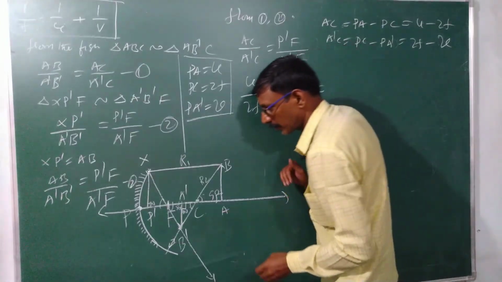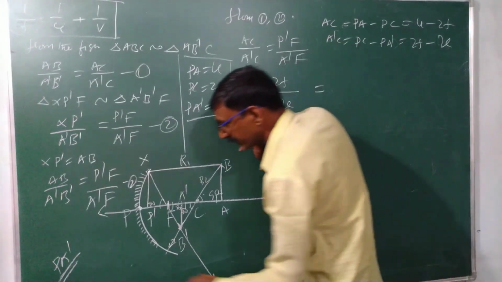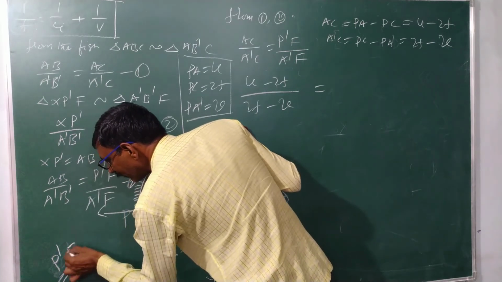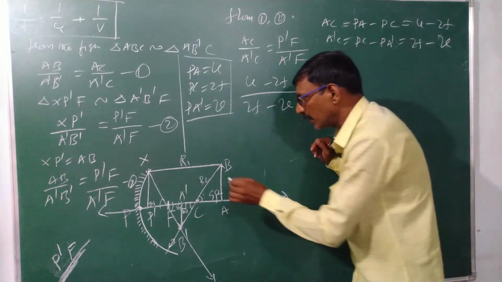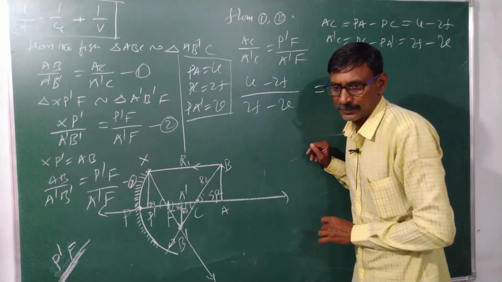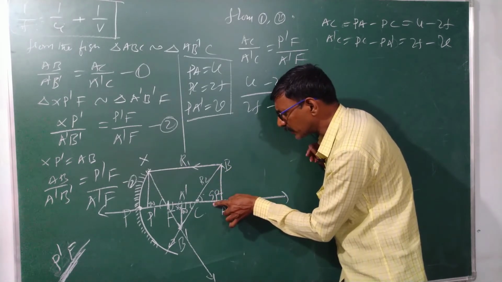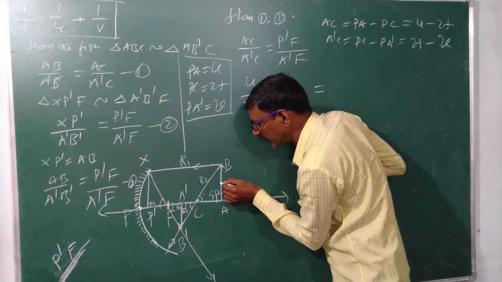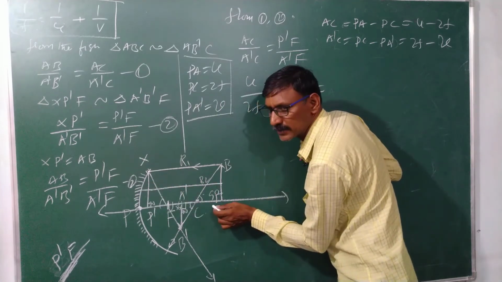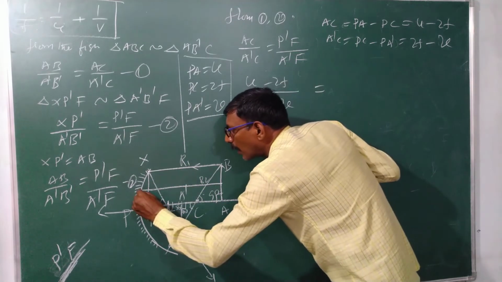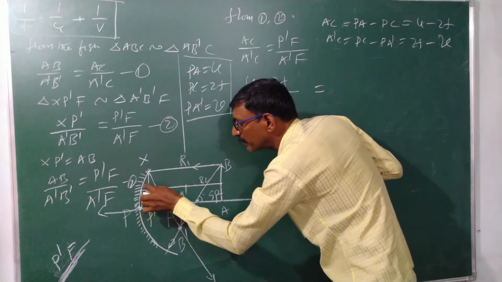See here, P dash F. We are discussing P dash F. Here, listen. This is my parallel beam applied. It is parallel to the principal axis. Suppose it is going near to the principal axis, then the height of the object will decrease.